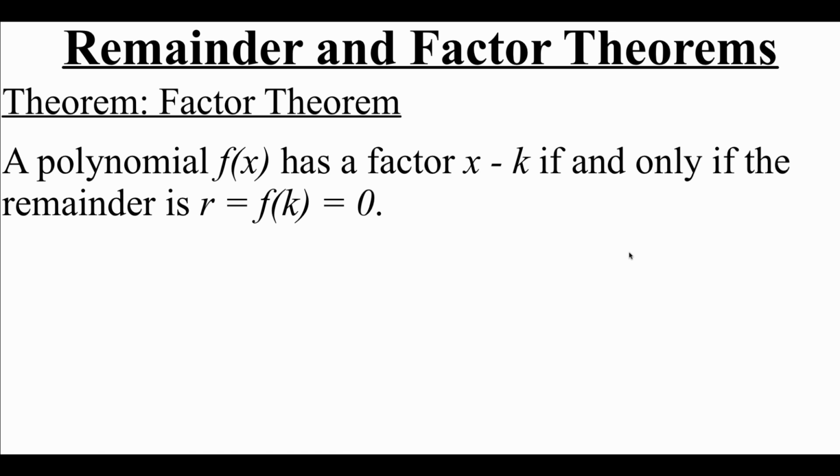So that gets us to this factor theorem, which says a polynomial f of x has a factor of x minus k if and only if the remainder, so that r value you get when you take f of k, is actually 0. So if you plug in that k value and get 0 as your answer, that means that the original x minus k that you started with is a factor of your big long polynomial, and it will divide evenly into that big polynomial.